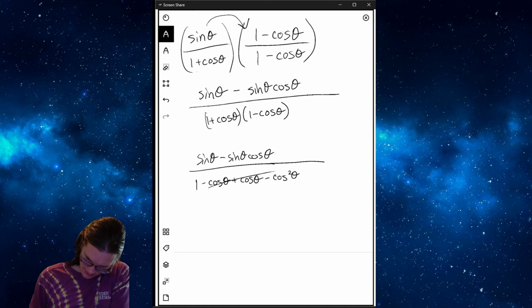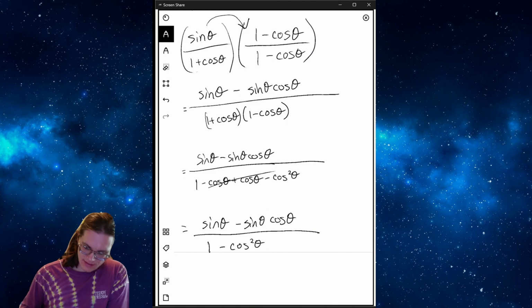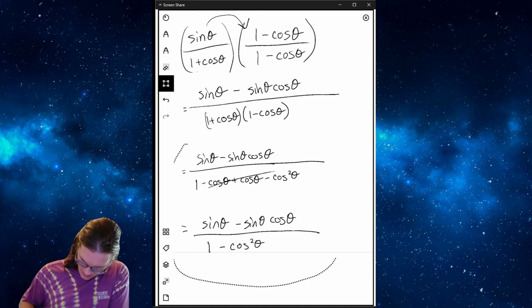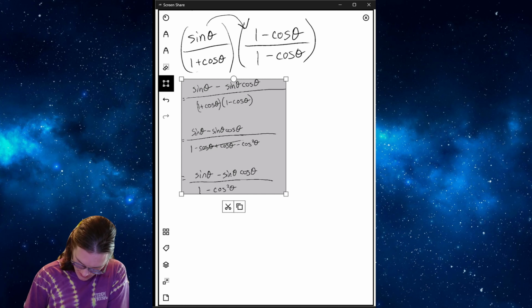So this is 0, meaning we have sin theta minus sin theta cosine theta all over 1 minus cosine squared theta. And at this point, I'm just trying to figure out why they want us to do this and what it's supposed to show.